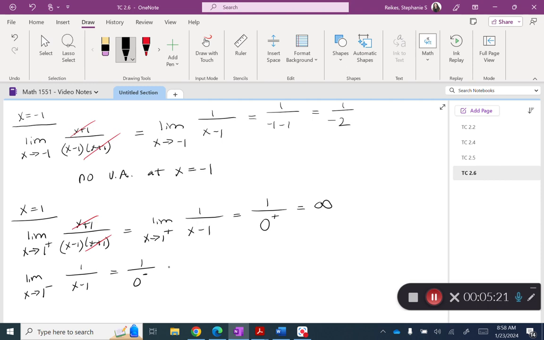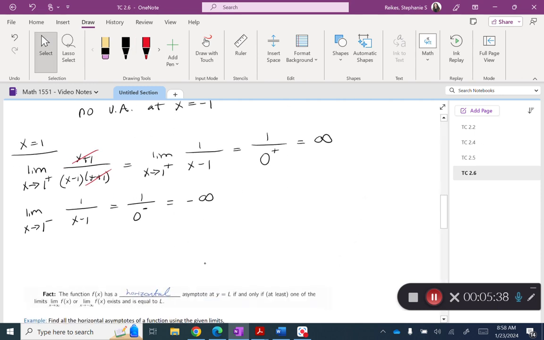This time we are going to get negative infinity. And so since our limit from the right is approaching infinity and our limit from the left is approaching negative infinity, we would say we have one vertical asymptote at x equals 1.